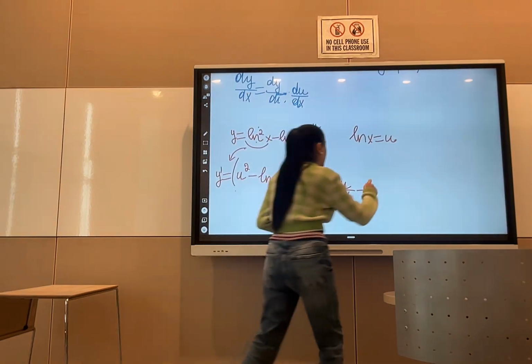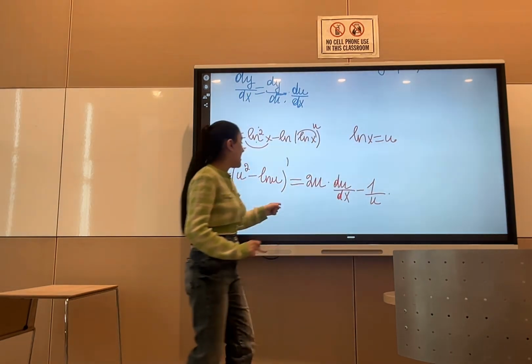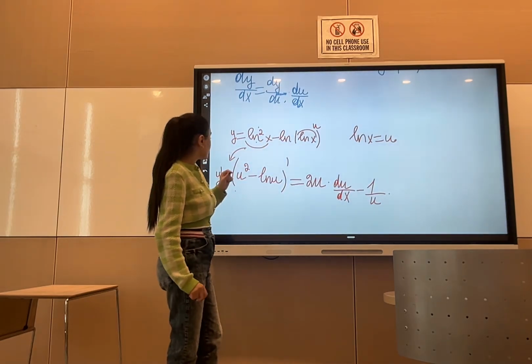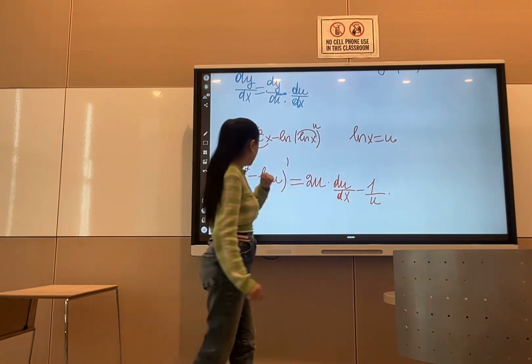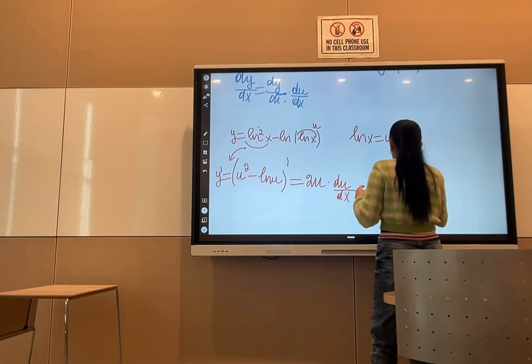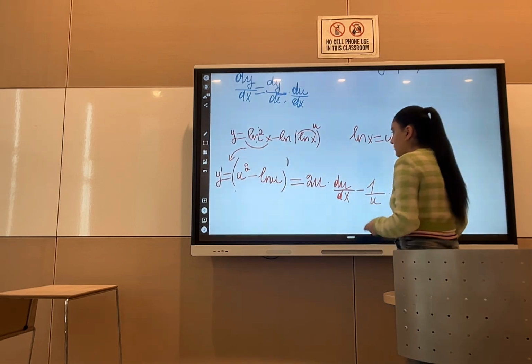The derivative of ln u is 1 over u multiplied by, again, u is a function of x, du over dx.